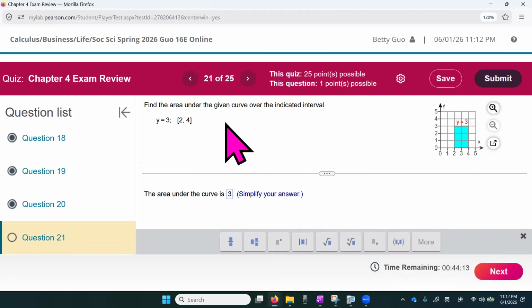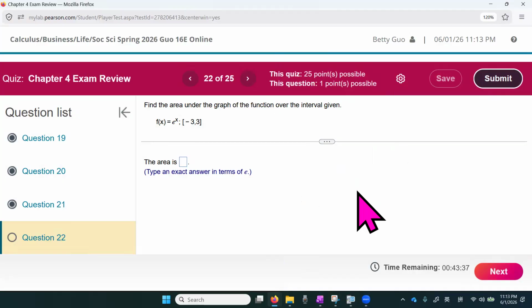Find the area under the given curve over the indicated interval. The curve is a horizontal straight line from 2 to 4. So the area is going to be a rectangle with base 2, height 3. 2 times 3 is 6. Why did I enter 3 here? 6, okay? Yeah, base is 2, height is 1, 2, 3. 3 times 2 is 6. That's the area.